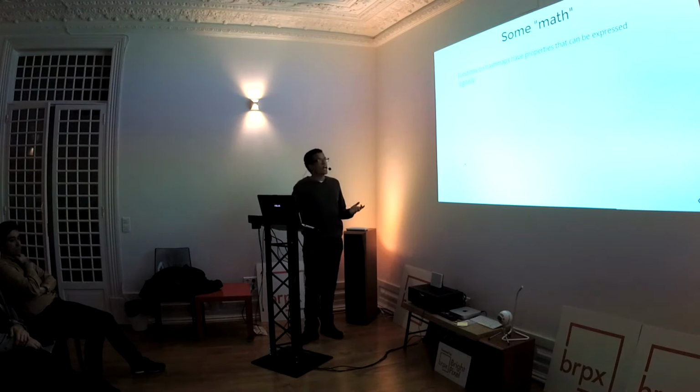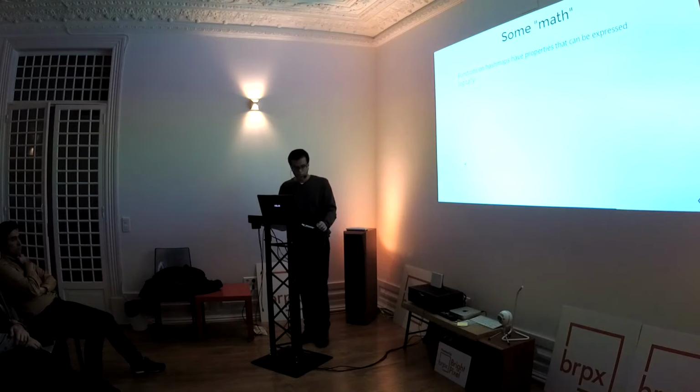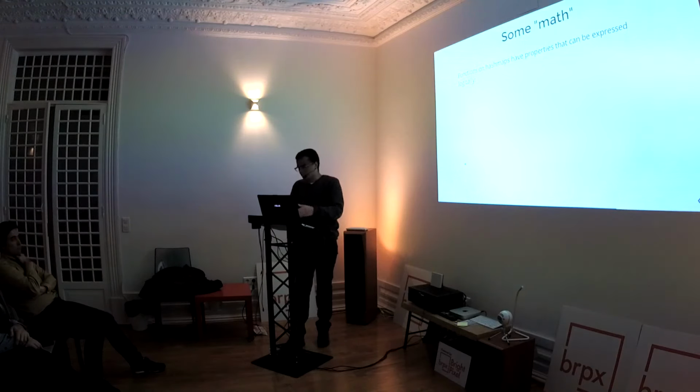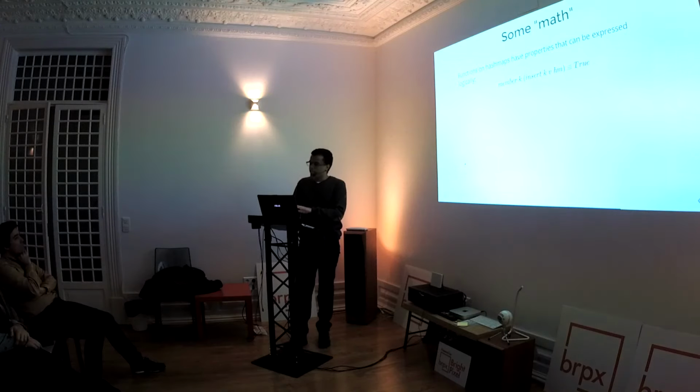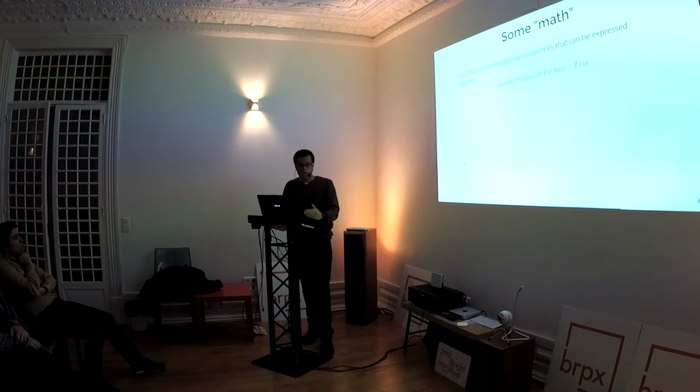Functions on hash maps, or really every function, have properties that can be expressed logically. For example, the insert function has a certain property: if we insert a key in a hash map, and then we query that key for being a member of that hash map, the answer should always be true.